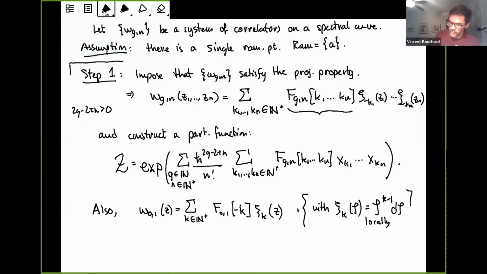So the Xi with negative, Xi minus k, are defined globally. Xi k are just defined locally, but they are holomorphic. So these are objects that have zeros at the ramification point of higher and higher degree. Okay, because omega 0,1 is holomorphic at the ramification point. So that's why you need to expand, but now you're expanding in terms of positive Xi's.